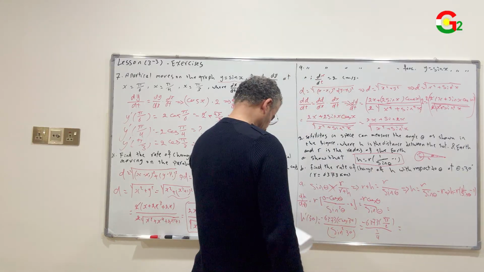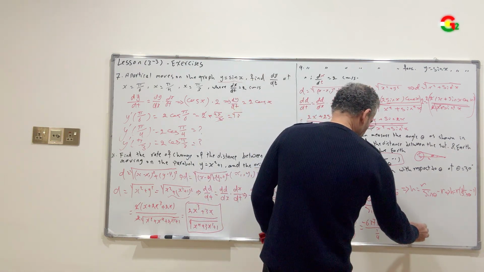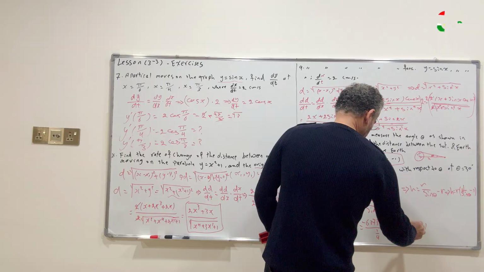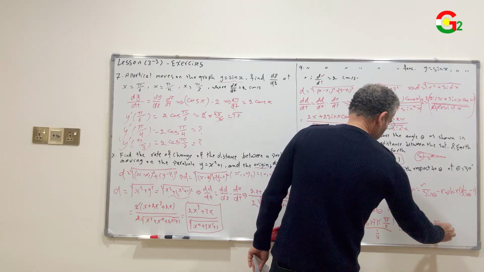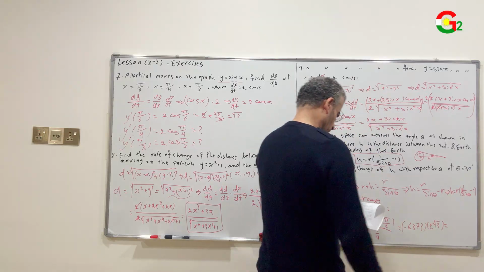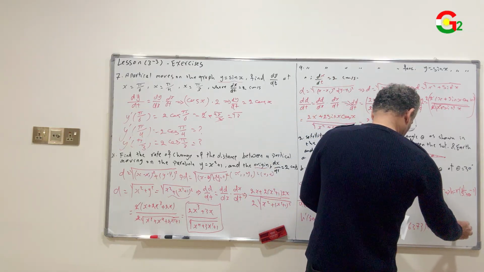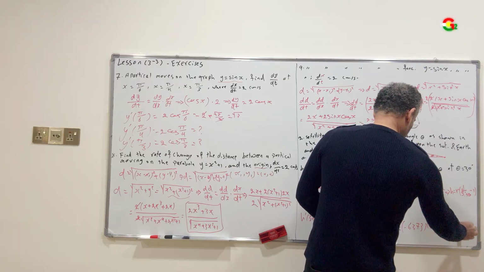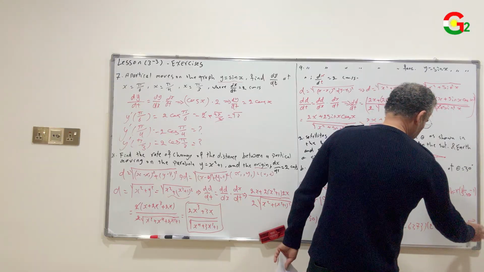This equals negative 6,373 times 2 square root 3, which equals negative 12,746 square root 3.